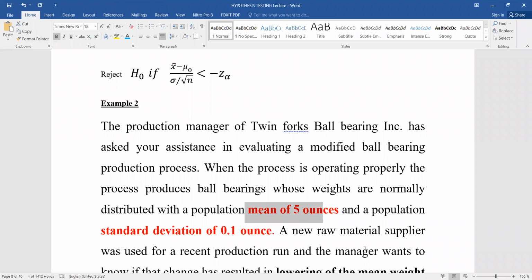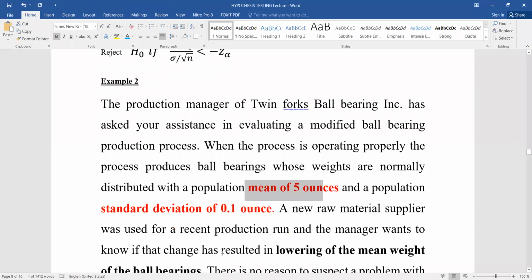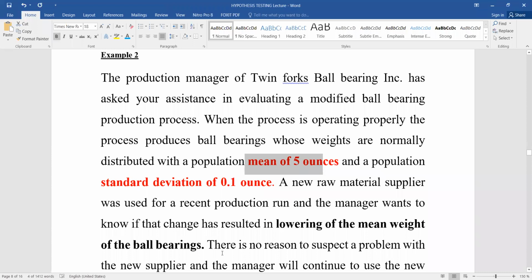A new raw material supplier was used for a recent production run, and the manager wants to know if the change resulted, and we shall not tell you whether it is greater than or less than. You have to read and interpret. Here, the manager wants to know if that change has resulted in lowering.